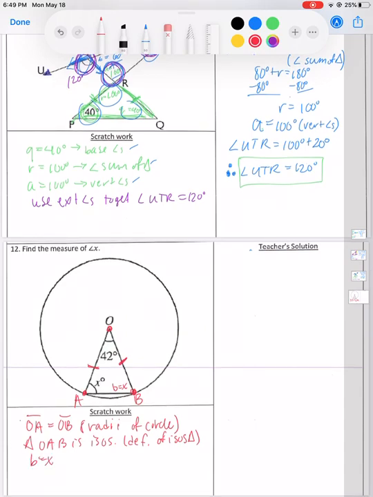So B is equal to x by base angles. And we can do x plus 42 equals 180 from angle sum. Okay, so I pretty much did the whole proof there, so let's go ahead and formalize it. The key for these circle ones is just to establish that the triangle in the circle is isosceles.